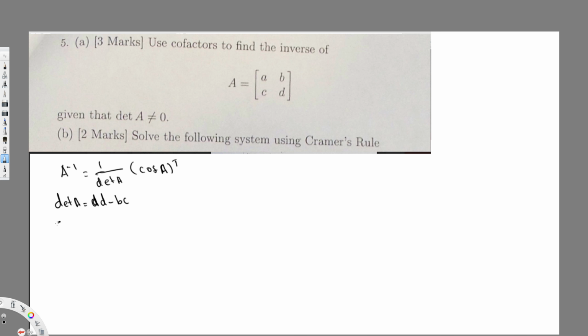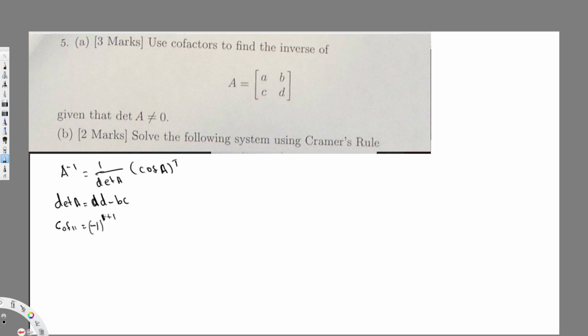To find the cofactor of A, I have to find the cofactor of every single one of them. So let's start with the cofactors one by one. If it's first row, first column, I have to eliminate the vertical and horizontal component, and before that I multiply by negative 1 to the power of 1 plus 1.